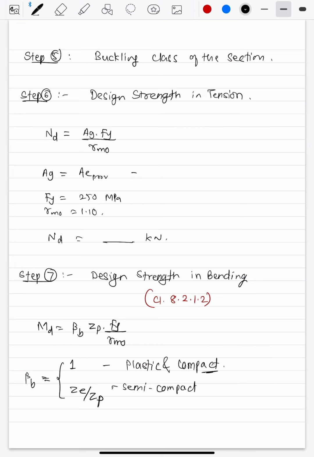The values of Ze and Zp can be found in Annex H of IS 800:2007. Then you can find the Zp value from there.